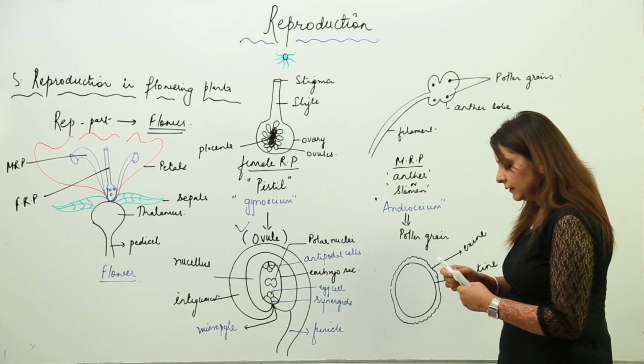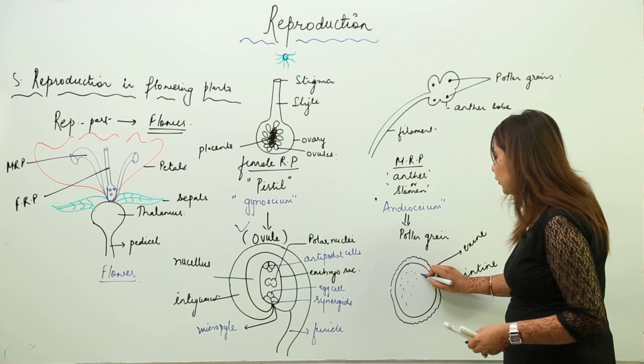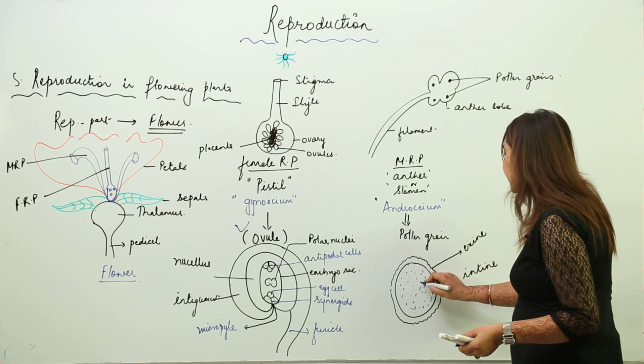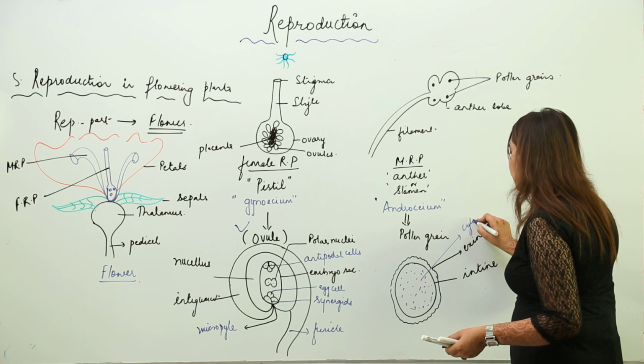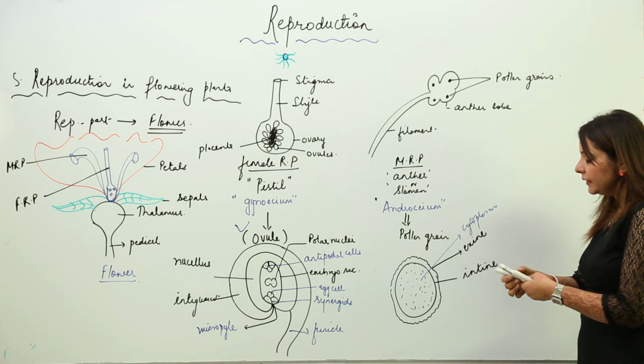It has fluid in it. We know that the fluid which is present in a cell is called cytoplasm. So here also it is referred to as cytoplasm. Now what does it have?